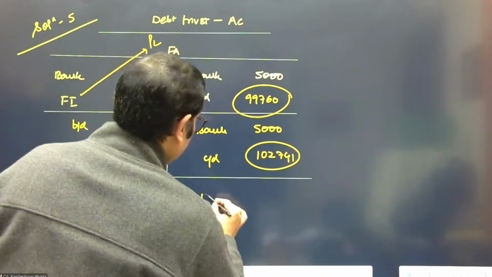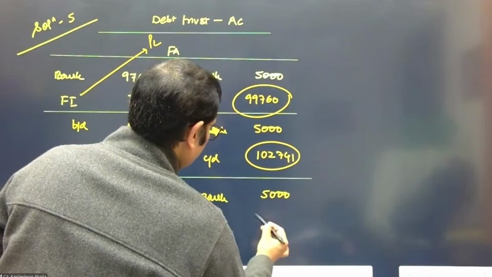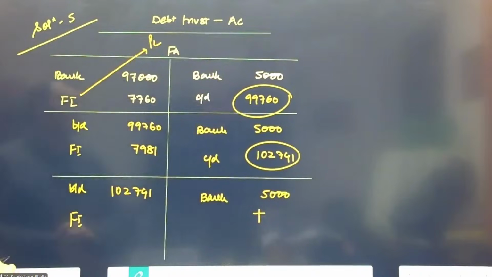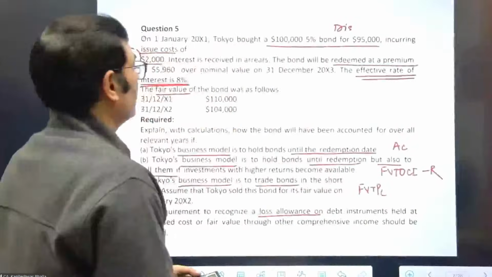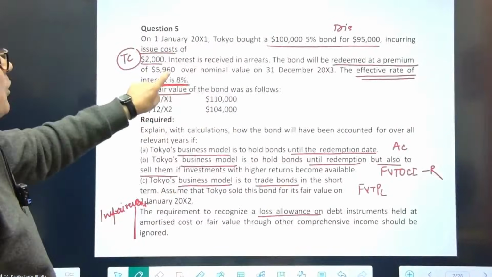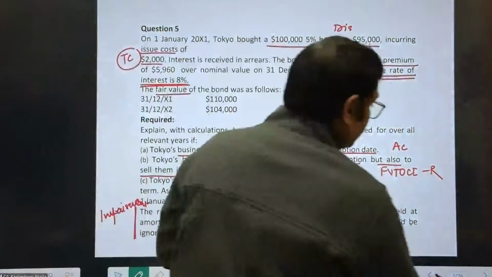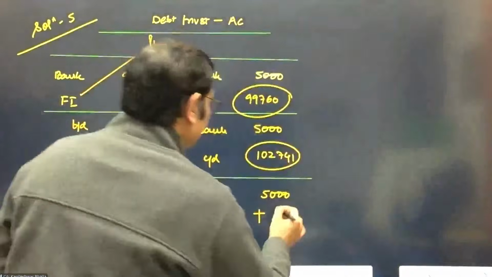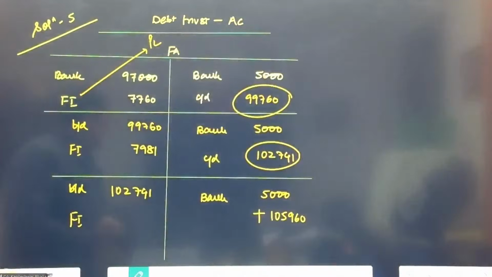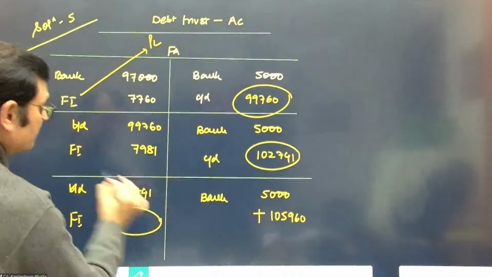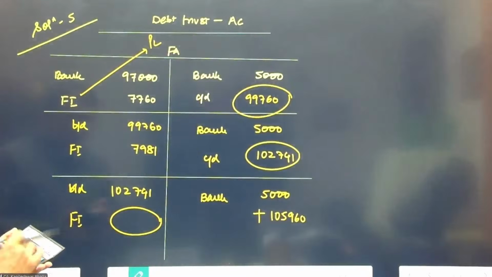So let's see what is the collection. You're going to get that 5,000 interest, and you're also going to get the principal. In terms of the principal, I am given the bonds are going to be redeemed at a premium of 5,960. So you're going to get the face value plus the premium, 105,960, and we can take the finance income as a balancing figure for more accurate results.